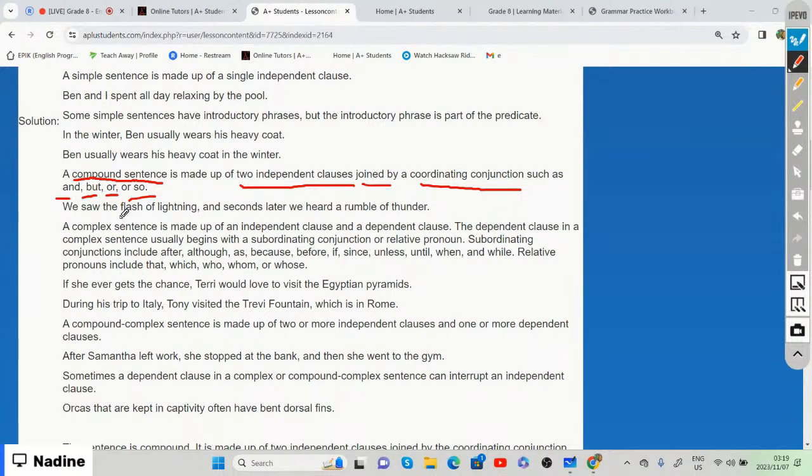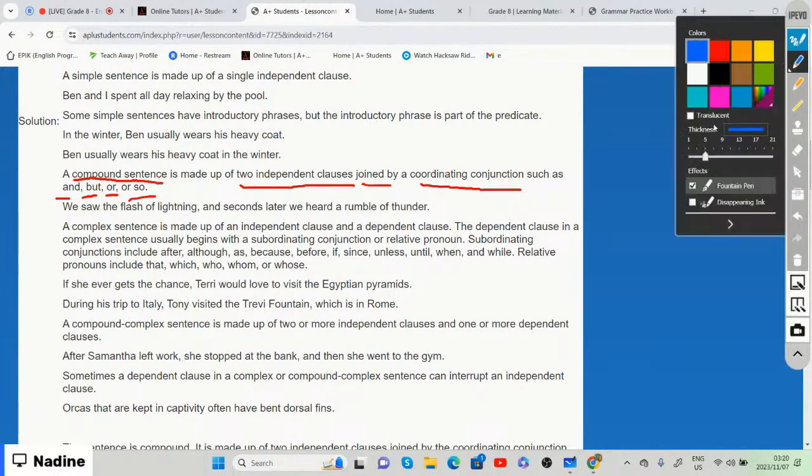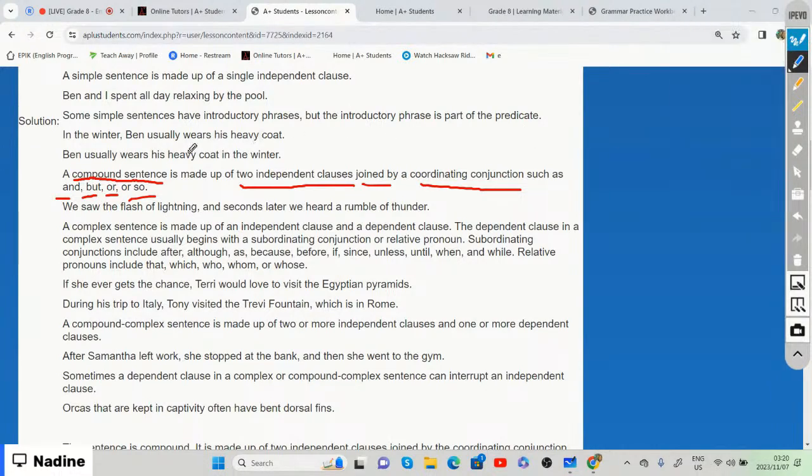So here we have one sentence or clause. And then we have the other one: seconds later, we heard a rumble of thunder.